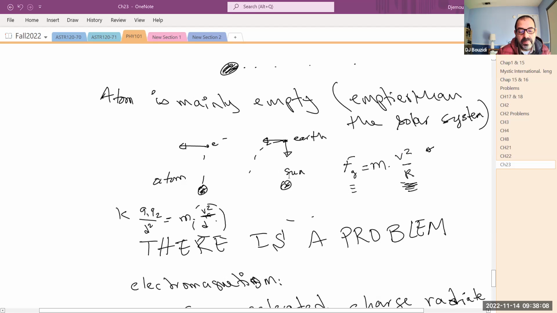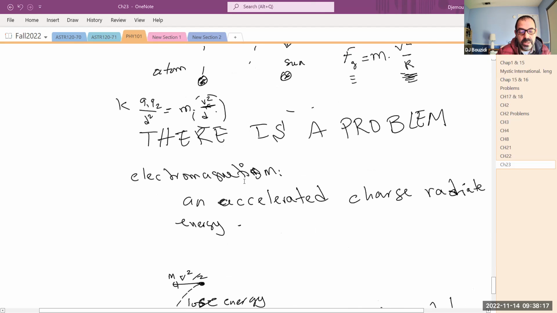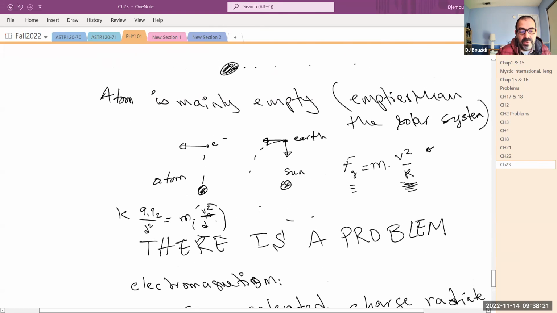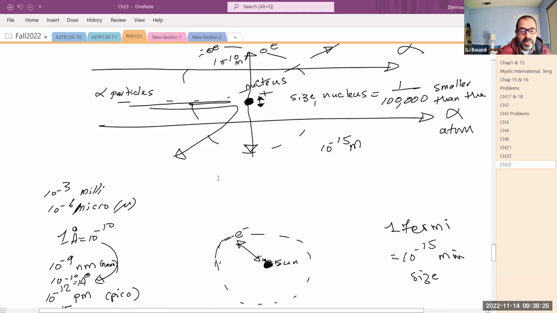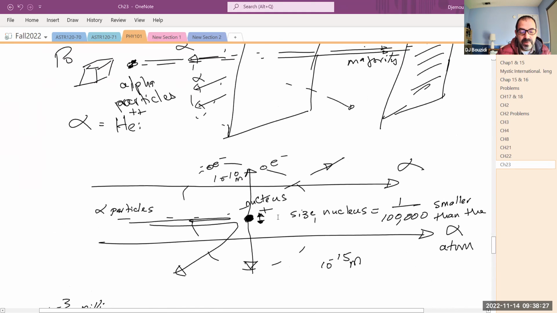So the picture that is similar to a planetary system of some sort, like the Earth-Sun system, is not correct. This model is not correct, and it's due to electromagnetism, where charged particles radiate energy. Therefore, this model is not going to work. But it really explains some of these experiments, like this experiment of Rutherford.